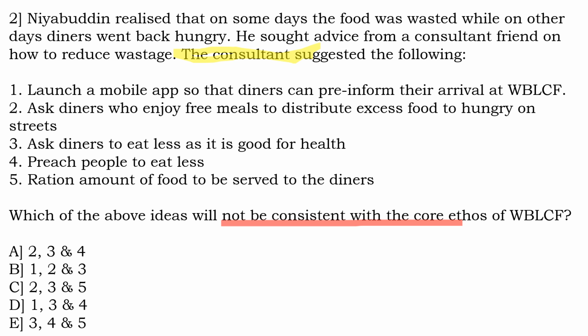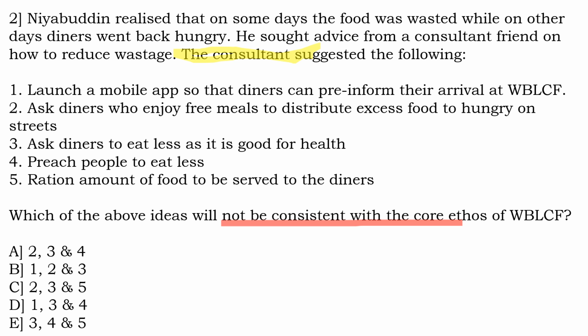So options B and D will be eliminated, because both these options contain 1 as an answer. Then the second one: ask diners who enjoy free meals to distribute excess food to the hungry on the streets. That also is a good option, because Niyamuddin is very concerned about food going waste, and his principle is that no person should go hungry.